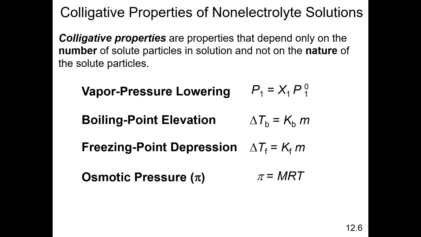We talked about the vapor pressure lowering, the boiling point elevation, the freezing point depression, and osmotic pressure, right? Now, the assumption that we're dealing with in all these cases is that the solute particles do not dissociate, right? So, for example, if we're dealing with a solution of, let's say, glucose molecules, the glucose molecules, when they dissolve, don't break up into smaller fragments, all right?